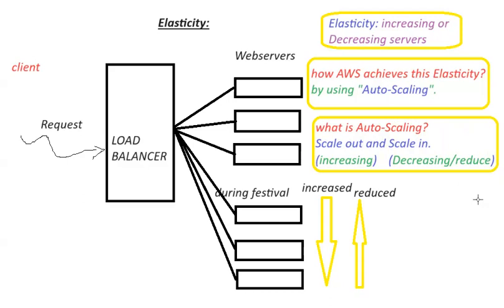We call servers instances in AWS, and we are going to create those servers by using EC2. Those EC2 instances we are going to scale out, that is increasing, or scale in, that is decreasing, based on my requirement, by using auto scaling. Must remember this word auto scaling, since it is very important to you in future.